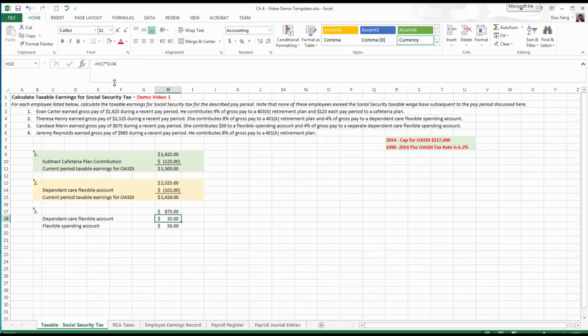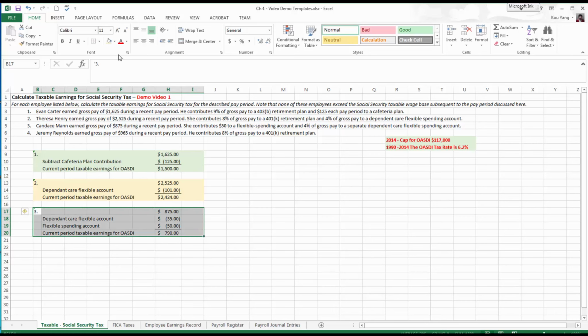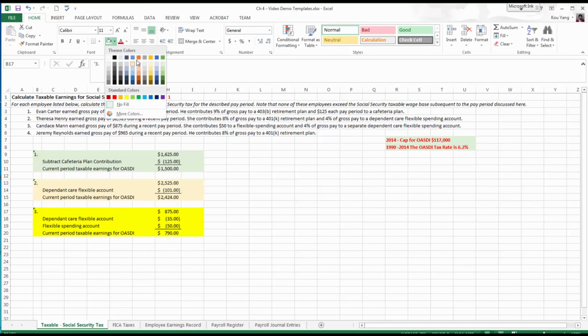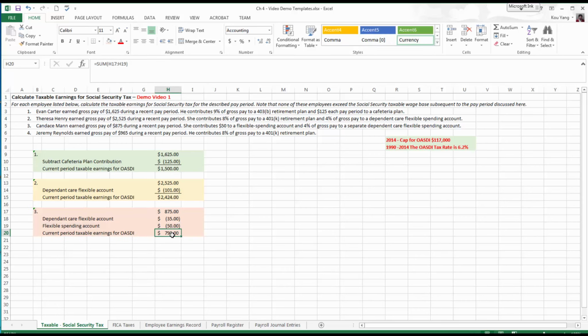I'm going to put in subtractions here so you guys know that we're going to be subtracting these. So the total current period taxable earnings for OASDI is $794 for Candace Mann.